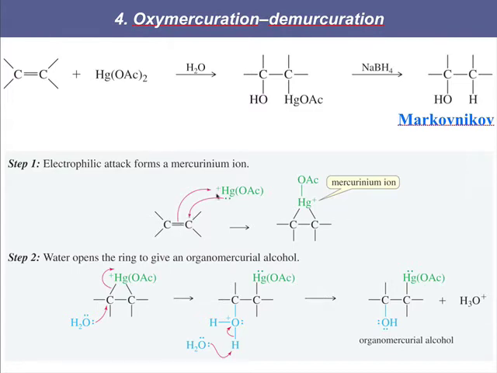So we have electrons leaving the pi bond and electrons coming back into the other carbon. What you end up forming is this 3-membered ring. You can kind of see how the left carbon grabbed the mercury and the mercury grabbed the right carbon. So now we have this 3-membered ring involving Hg+ and an acetate, and that's called mercurinium.